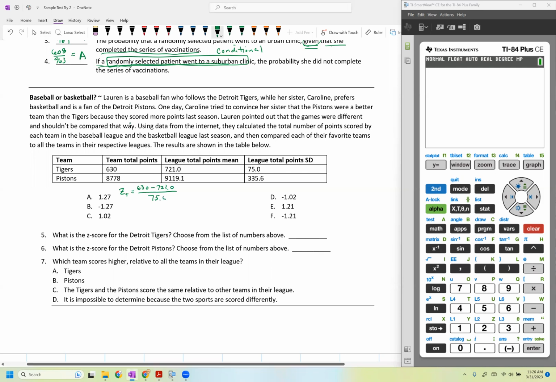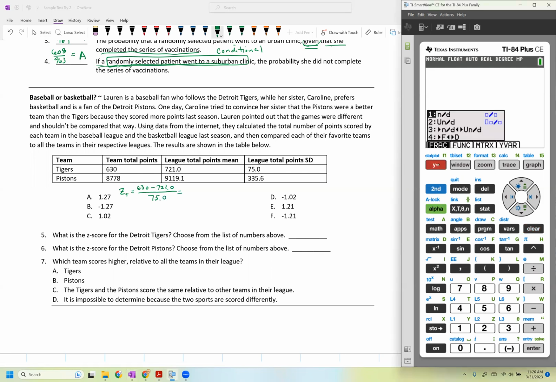The standardized score gives us a measurement of how far a particular data point is from the mean as measured in standard deviations, which is nice for comparison.